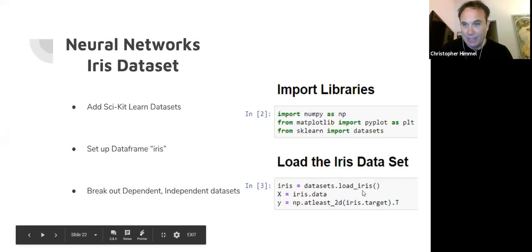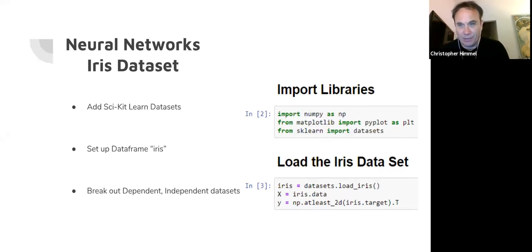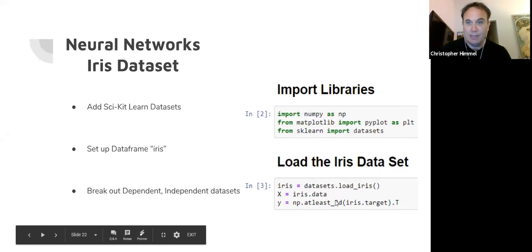Once you set the variable dataset to be that data set, you break that into your inputs, your X, and then your outputs. What I did is I took the target from the IRIS data set. It doesn't come in exactly the right format. I need it to be a vector in a certain orientation. I need it to be vertical, so it matches up with the X. So I transposed it.